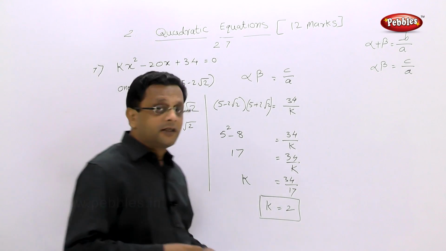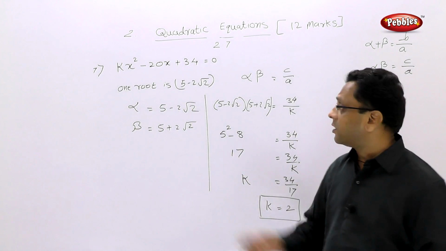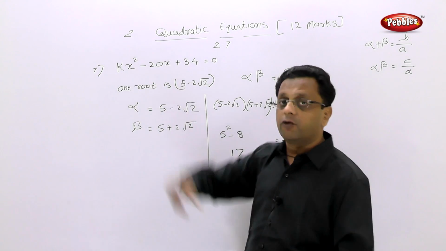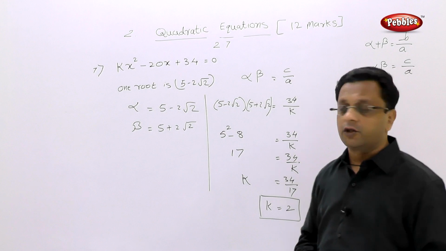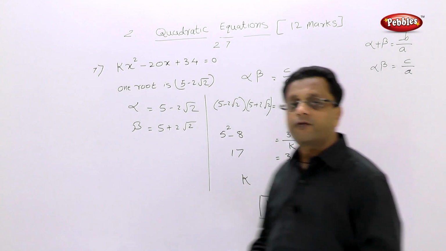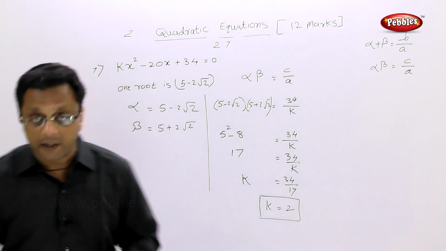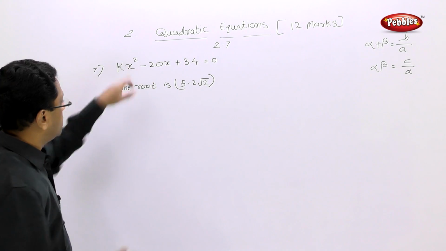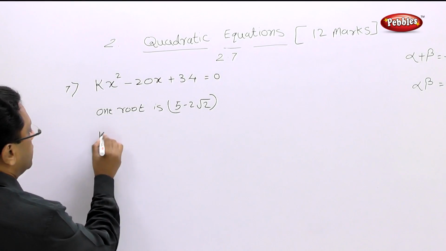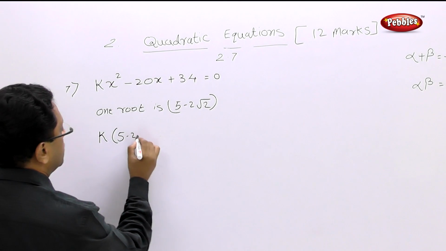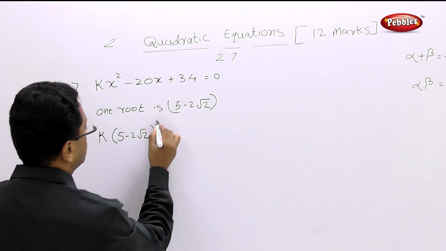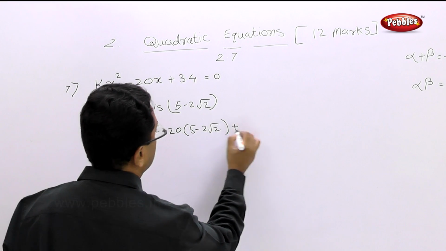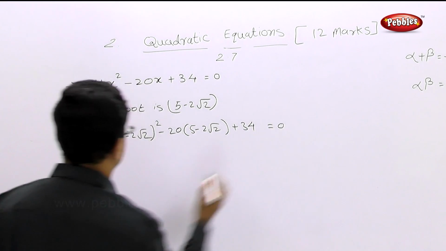Shall we try to solve this example by the method I told you, that one root is this, then this must satisfy this equation? This will give you practice of your arithmetical calculations. Let us check if we get the value of k is 2. Let us substitute this instead of x. So we get k (5 minus 2 root 2) square minus 20 into (5 minus 2 root 2) plus 34 equal to 0.